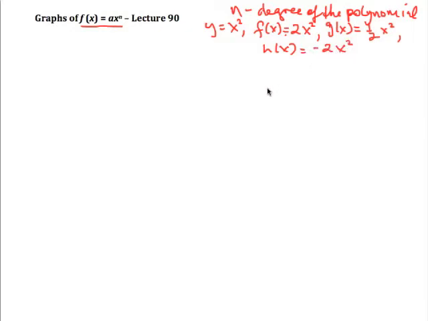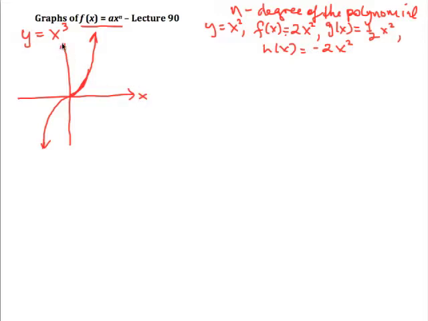All right, well, let's move it up a notch from an x squared to a cube. So let's suppose we start with our basic function as y equals x cubed. And we'll do a rough sketch here. And so we know that our x cubed looks like this. All right, and so it looks like this. All right, well, what would, of course, f of x equal 2x cubed look like?